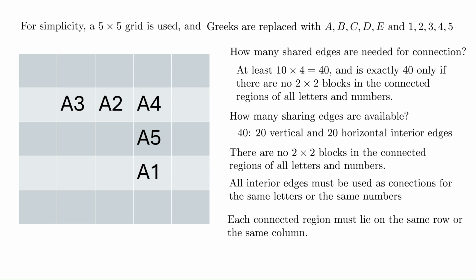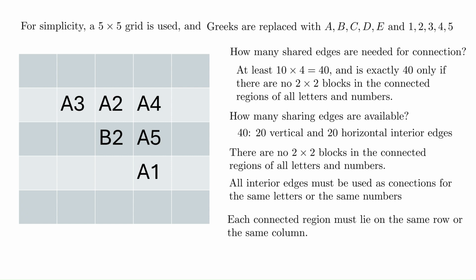What letter can we place in the empty cell? Not an A, otherwise we would have a 2 by 2 block of A. Let's put, say, B there. Then what should the number be? The cell is a neighbor of A2 above it.